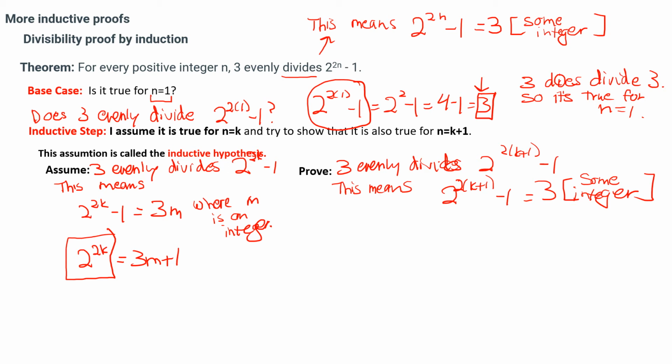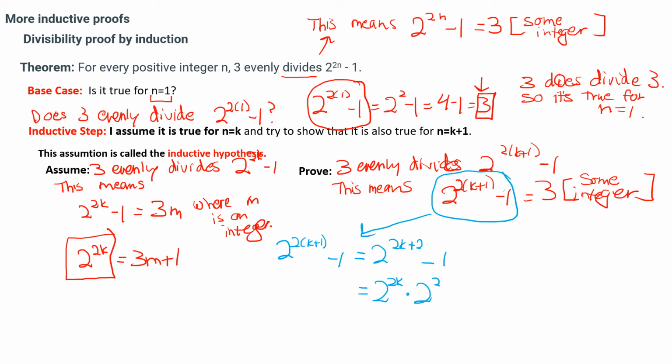Okay, so let's start then with this left-hand side here and see where we can get. So 2 to the 2 times k plus 1 minus 1 is equal to, let's distribute that 2, so we have 2 to the 2k plus 2 minus 1. And we could write that 2 to the 2k plus 2 as 2 to the 2k times 2 to the 2, right?